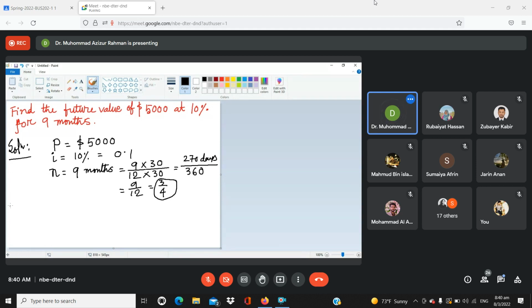So our calculation: future value F equals P plus interest P I N, which is P times (1 plus I N).